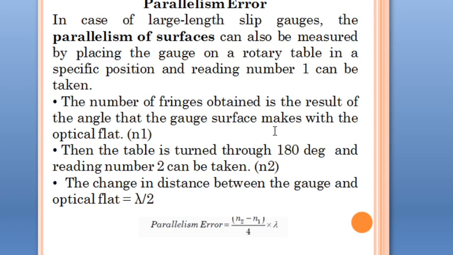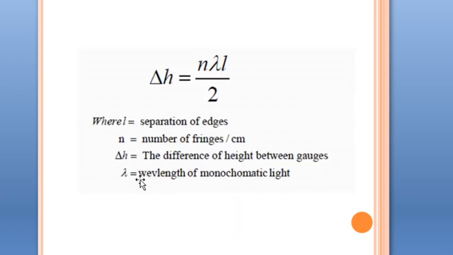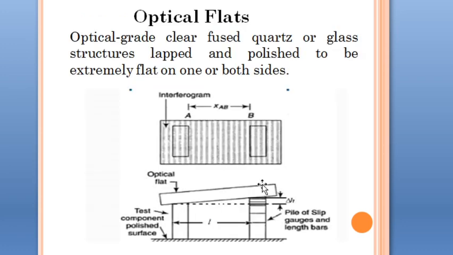For any parallelism between the work part surface and the slip gauge, the parallelism error is calculated using the formula N2 minus N1 divided by 4 into lambda. What are N1 and N2? N1 is the number of fringes obtained, the result of the angle that the gauge surface makes with the optical flat.